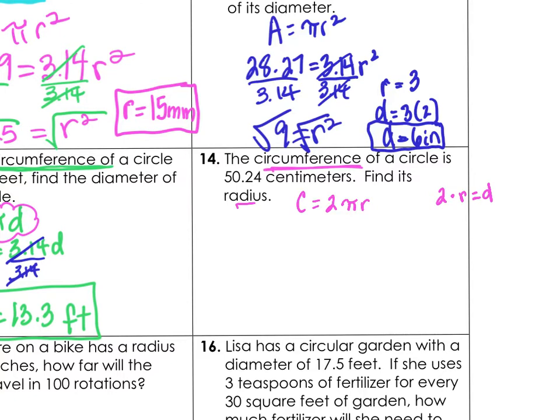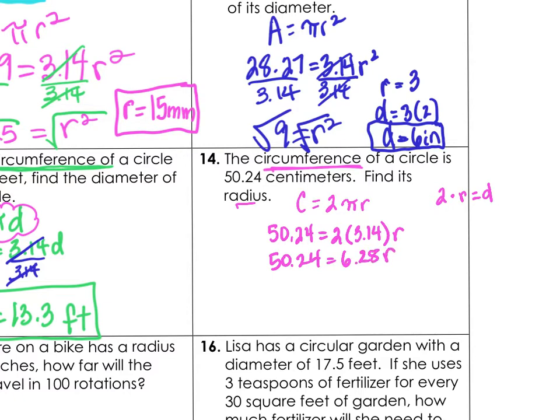So we know our circumference is 50.24, and that equals 2 times 3.14 times r. I know you guys are going to skip this step when you do it on your homework, but we have 50.24 equals 6.28 r.